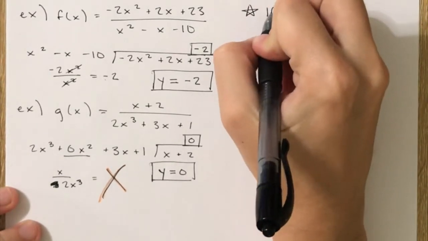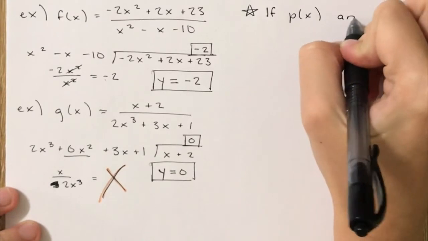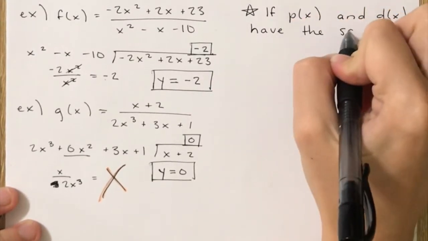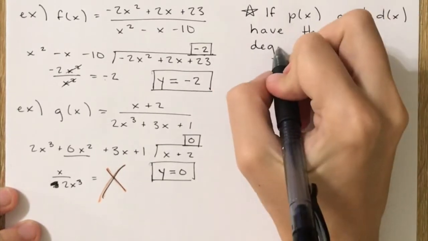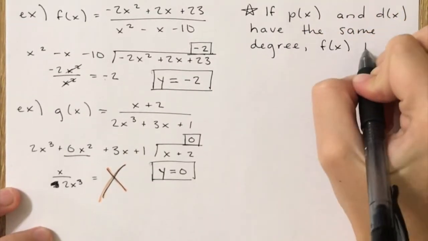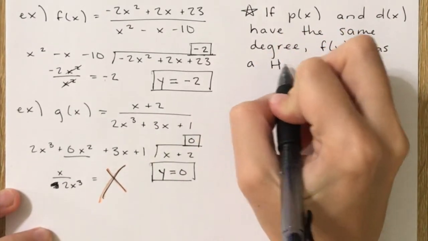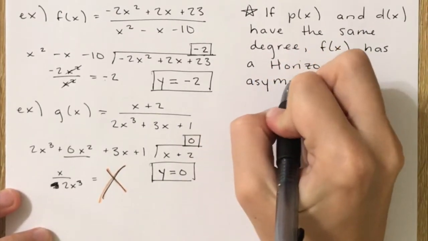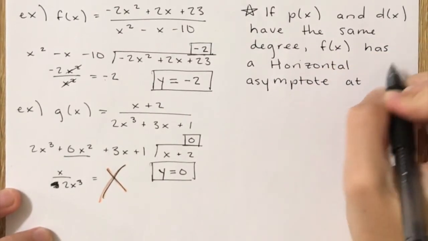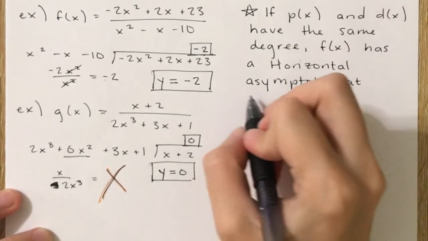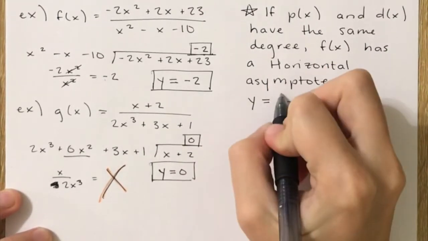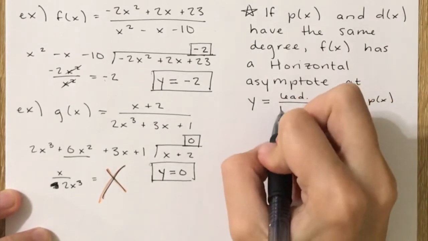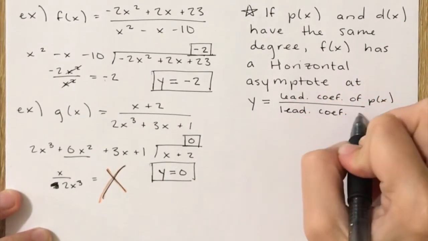So if p of x and d of x have the same degree, f of x has a horizontal asymptote at y equals the leading coefficient of p of x over the leading coefficient of d of x.